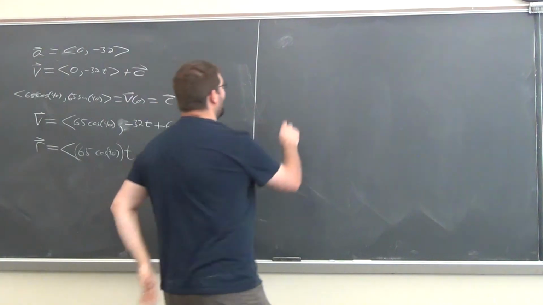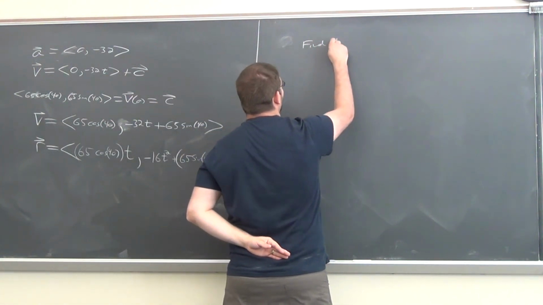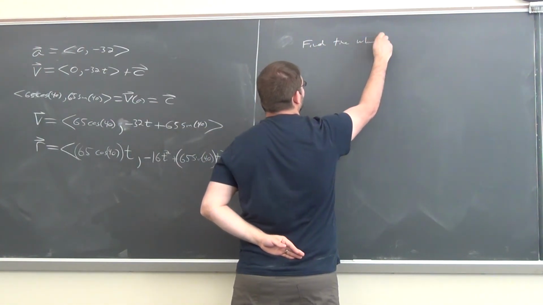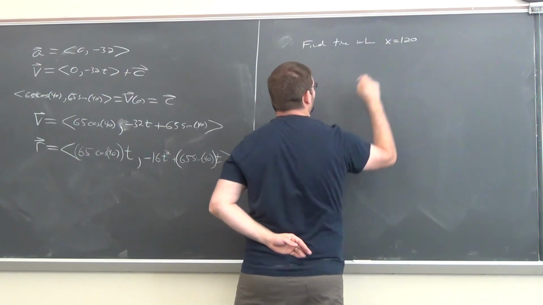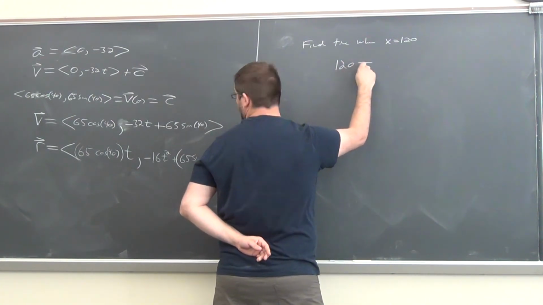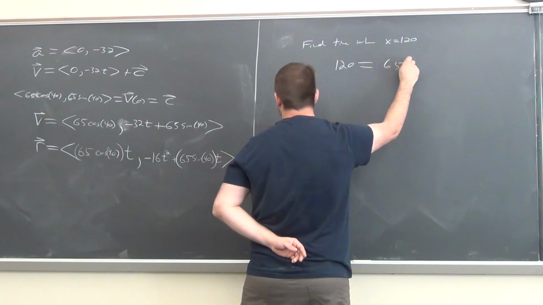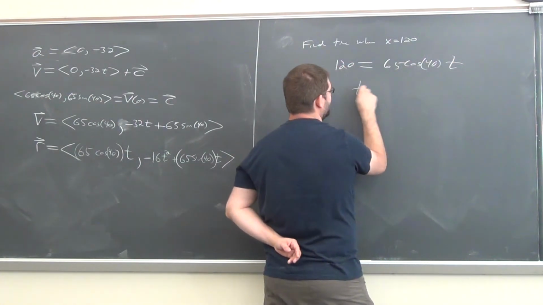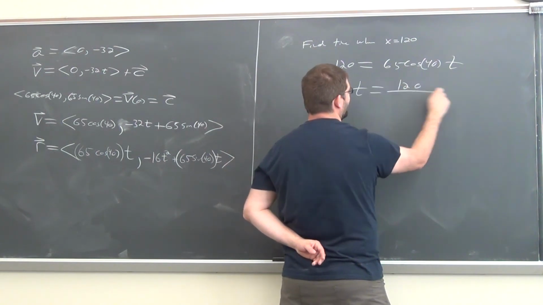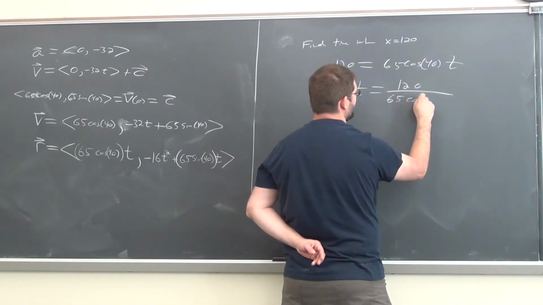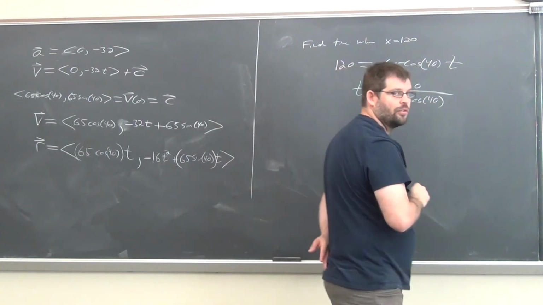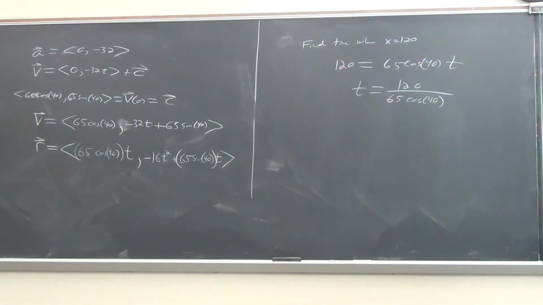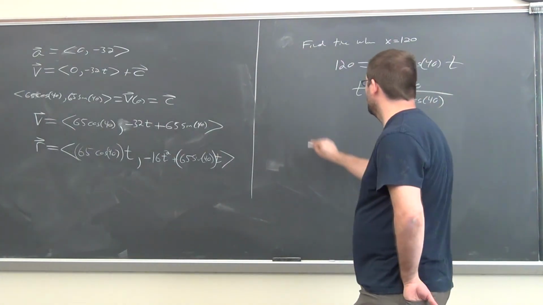So find the time when x equals 120. That's just 120 equals your 65 cosine of 40 times t, so your t is 120 divided by 65 cosine of 40. That makes sense? And then plug that into your y.